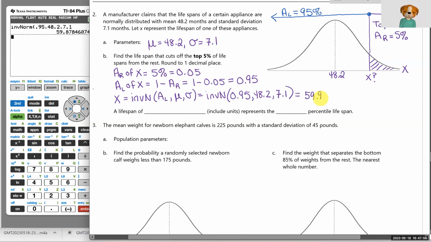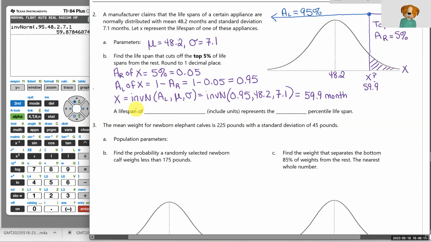And we'll include the units here when we write the sentence, but that answer is looking like 59.9. Okay, actually I'll write the units here as well. So 59.9 months is the lifespan that cuts off the top 5% of these appliances from the rest.